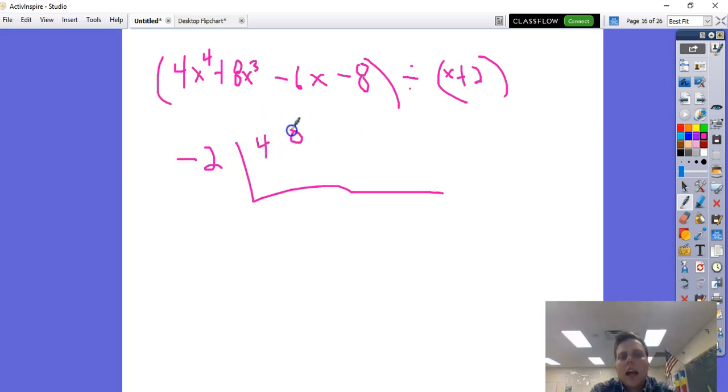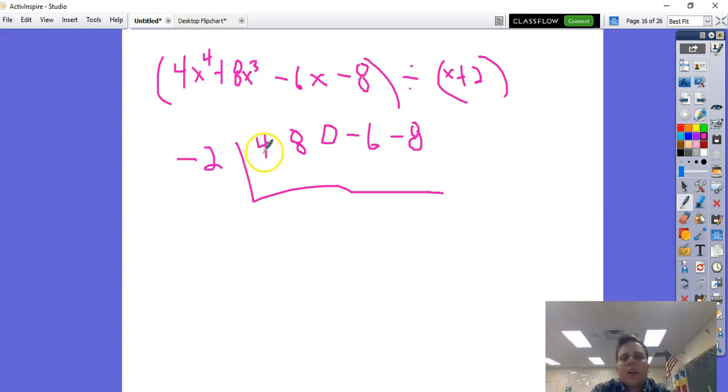4, 8, pause. We had a power of 4, so we put the 4 there. We had a power of 3, so we put the 8 there. Now I need a power of 2. Do you see a power of 2? No, so we put a 0. Now we go to a power of 1. That's negative 6. And then we go to negative 8.